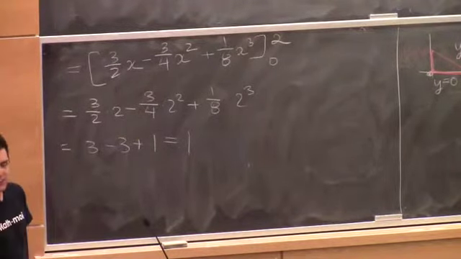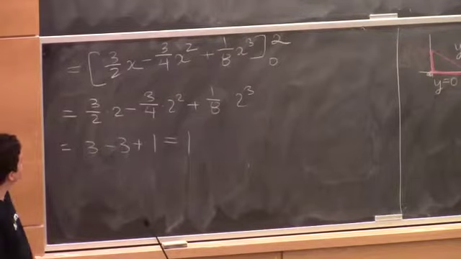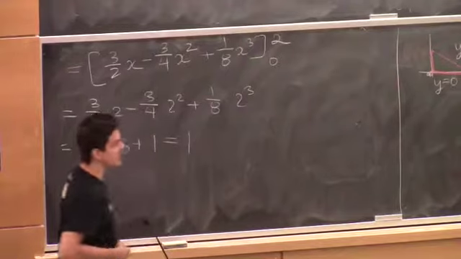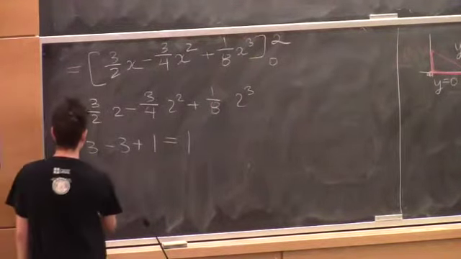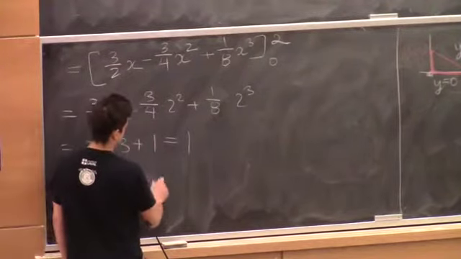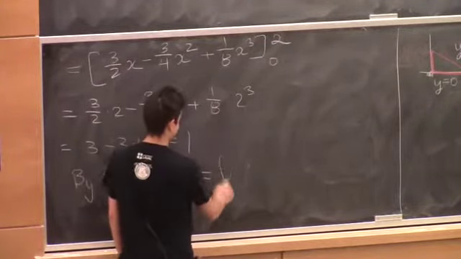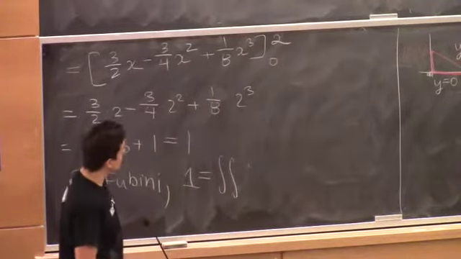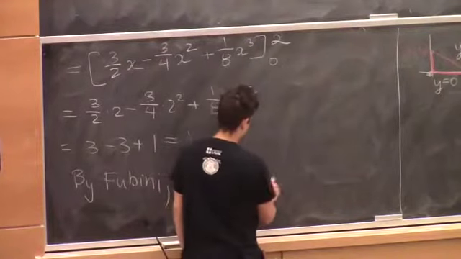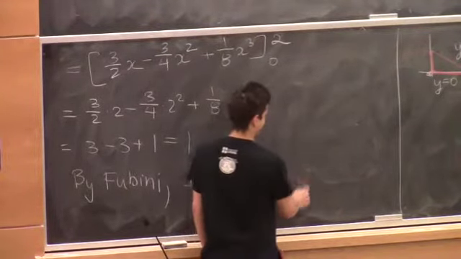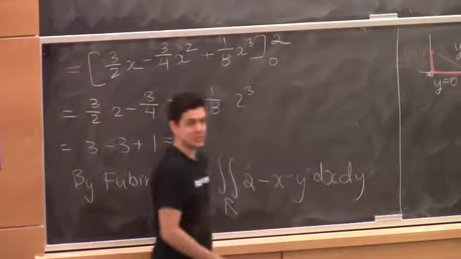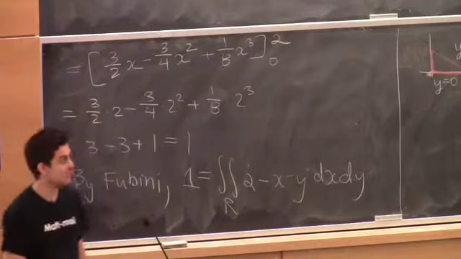We get total volume 1, and Fubini is going to tell us the following fact. So by Fubini, no matter which way we do the integral, if we switch the order of integration, we're going to get the same volume in the end.